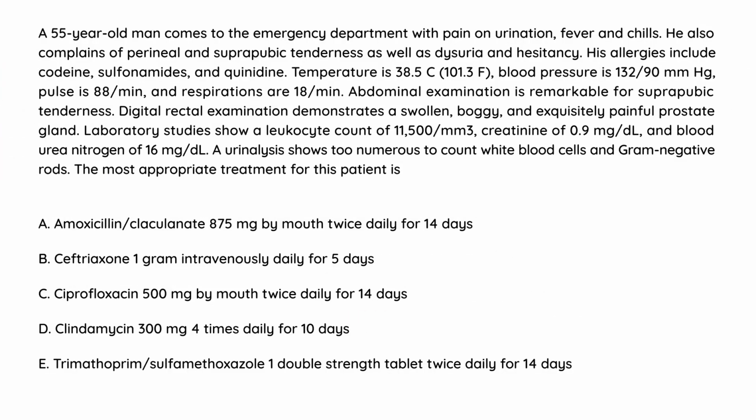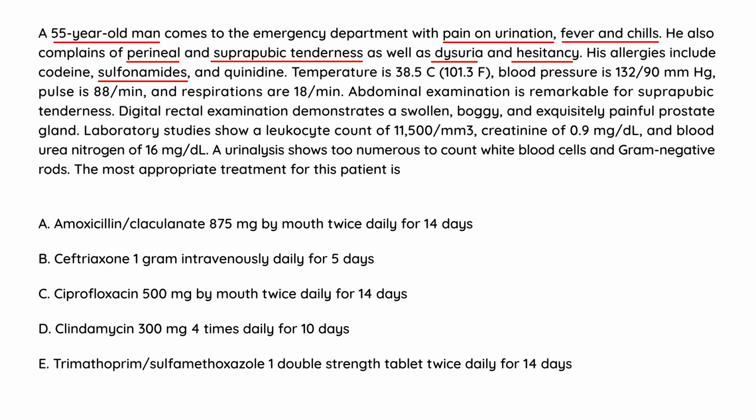And finally, 55-year-old man comes to the emergency department with pain on urination, fever, and chills. He also complains of perineal and suprapubic tenderness, as well as dysuria and hesitancy. His allergies include codeine, sulfonamides, and quinidine. Temperature is 38.5, blood pressure is 132/90, pulse is 88, and respirations are 18.